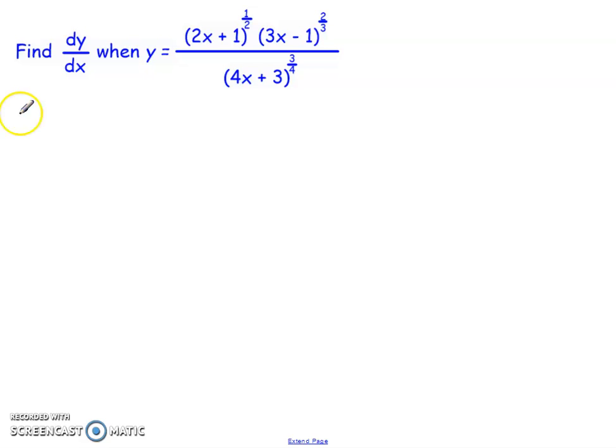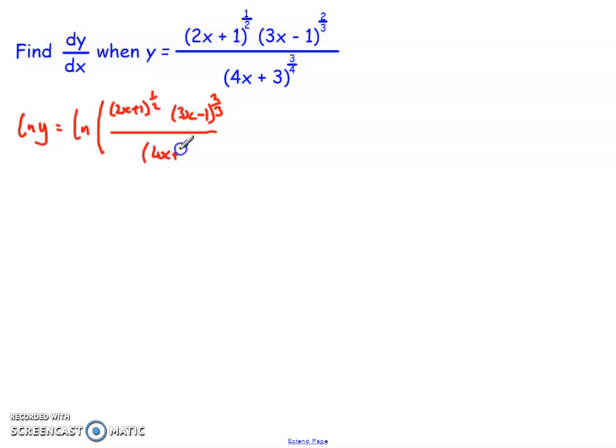Because if I take the logarithms of both sides, I have ln y equals ln of everything that's here on the right hand side. So 2x plus 1 to the half times 3x minus 1 to the 2/3 all over 4x plus 3 to the 3 over 4, like that. Now you're looking at it going, how has that made it easier?